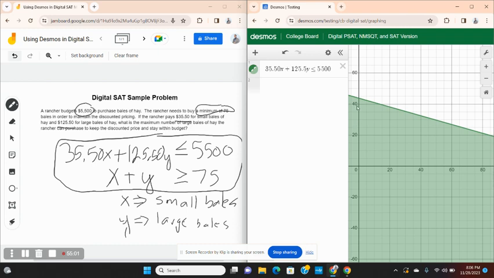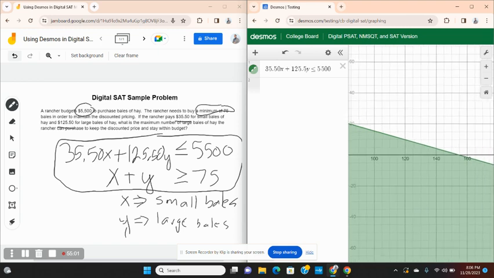Looking at this point, I could buy 43 large bales of hay and stay within budget if I buy no small ones. Or I could buy all the way to 154 small bales of hay and stay within budget.